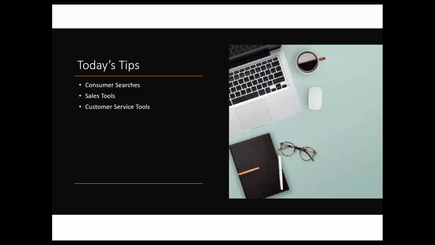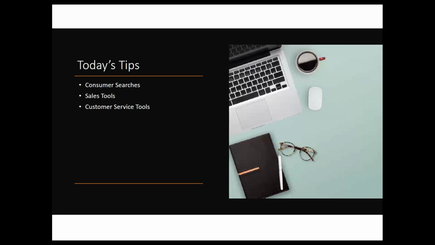But really what we're going to talk about today is some tips on how to improve your website and social media presence. There's going to be three categories. One, we're going to talk about consumers and how they're searching for you when they've been referred to you and how you need to position yourself to have a good first impression. Two, we're going to talk about sales tools.